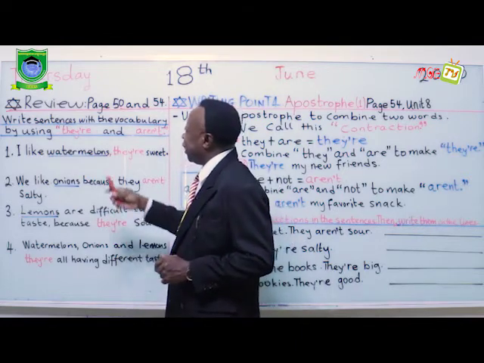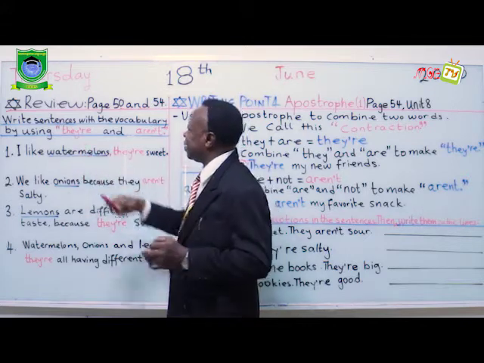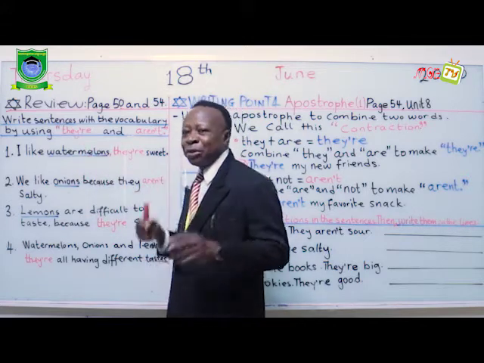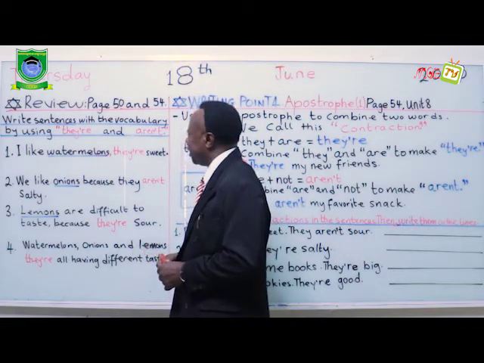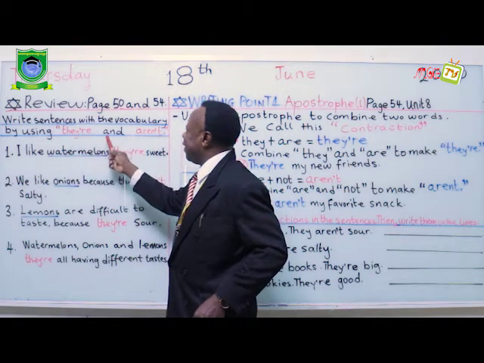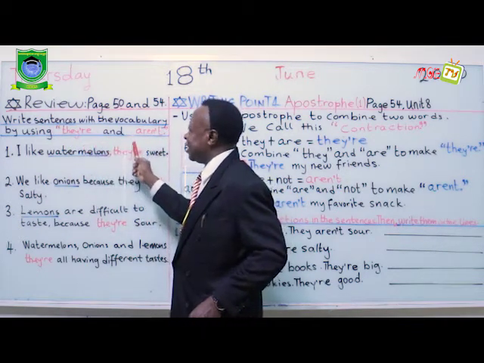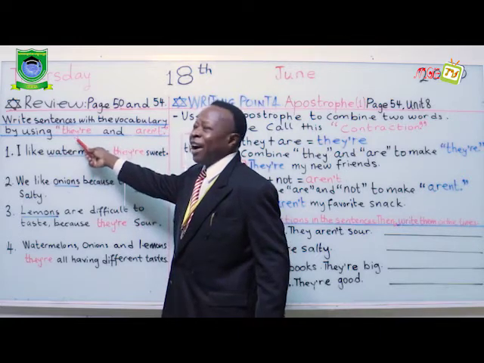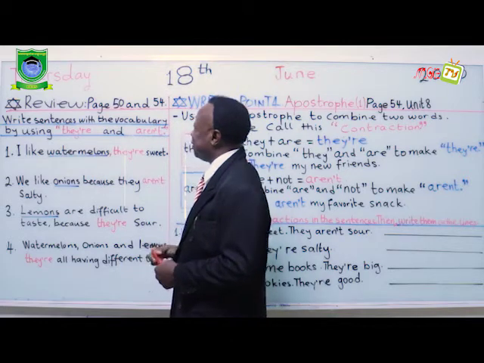The instruction is: write sentences with the vocabulary by using they are and aren't. They are is the positive form and aren't is the negative form.